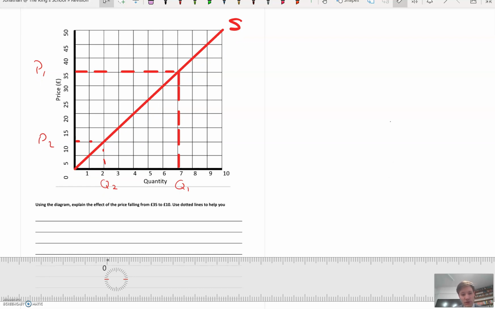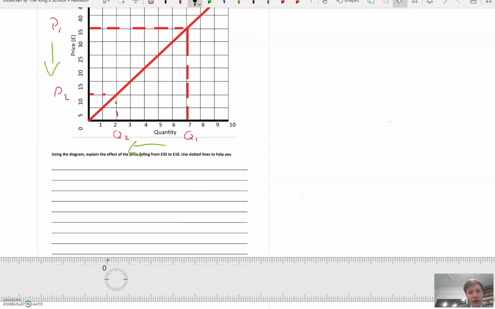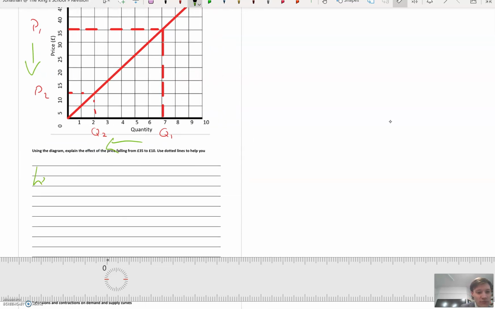Explain the effect of a price falling from £35 to £10. Well, our price has fallen that way. Quantity supplied goes down. And we can say two things. They become less able. Their output has gone from 7 to 2. Be careful. If this were in thousands of kilograms, that wouldn't be 7 kilograms, it would be 7,000. Just be careful of the units.